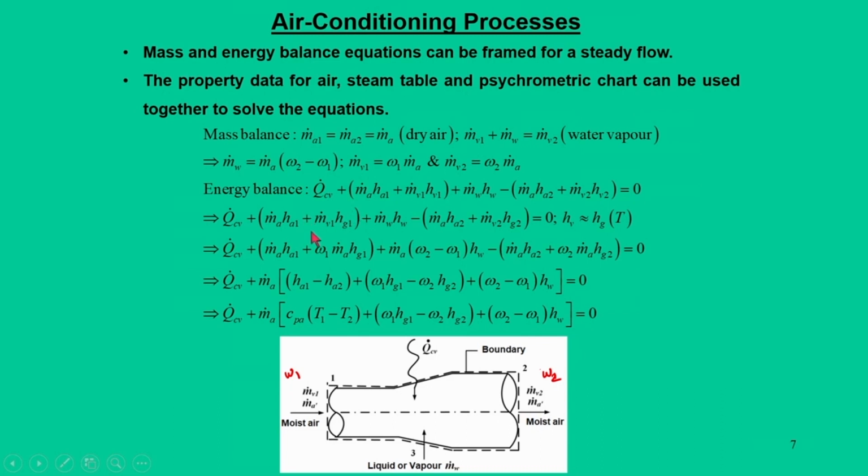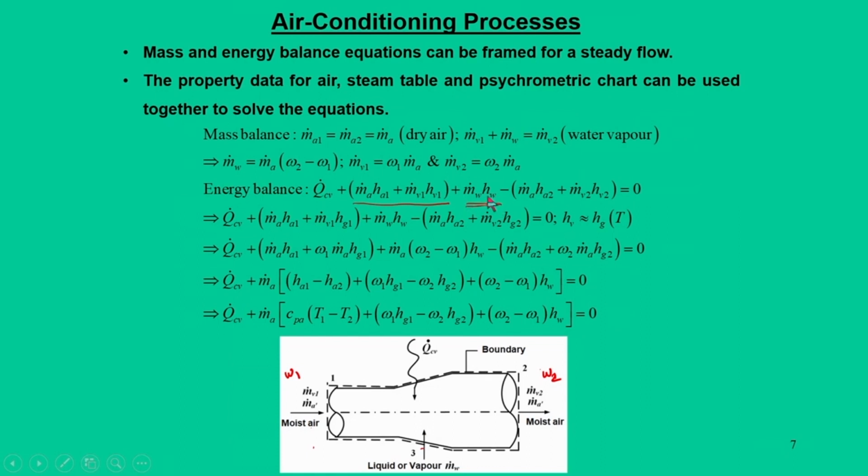So, the energy balance equation takes into account what energy interactions are possible. First is QCV, that means heat addition, or control volume heat, that gets added here, and one part that comes from the inlet, because if you see there are two inlets: one for the moist air inlet at state 1, the other is the moist air inlet at state 3 in the form of water.